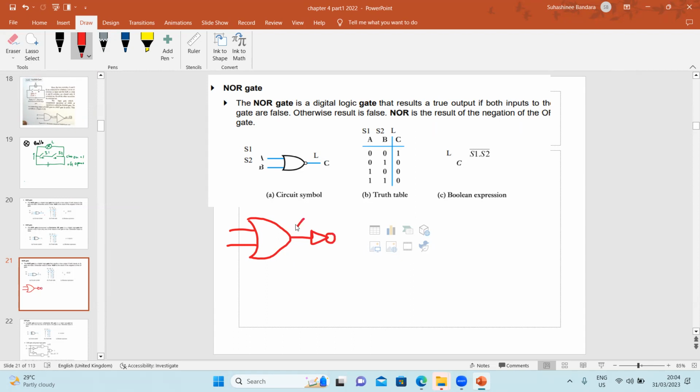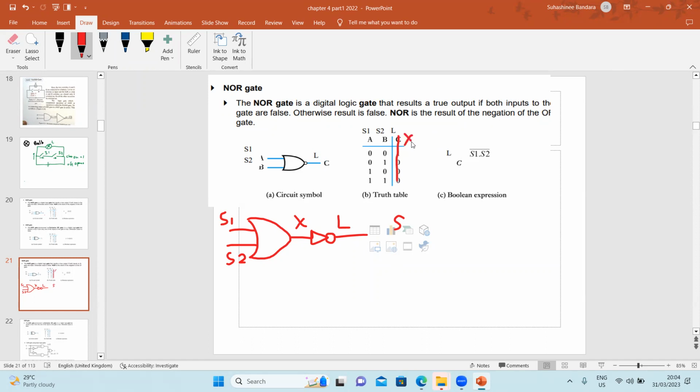So assume this is X, and here is 1 and 2, and this is the L. So when we draw the truth table, S1, S2, I'll just take off this part.